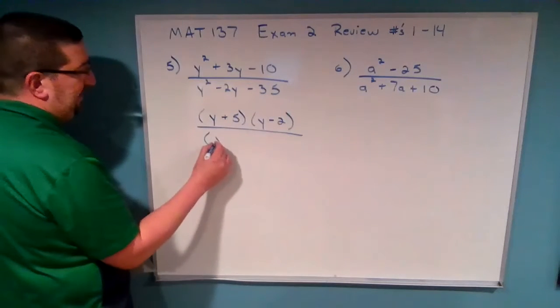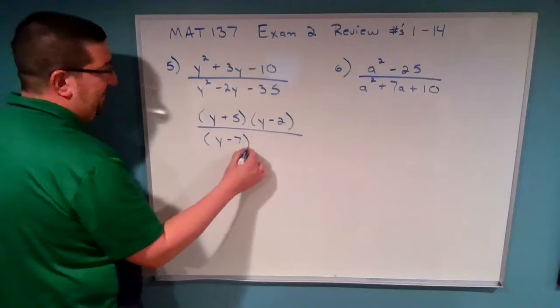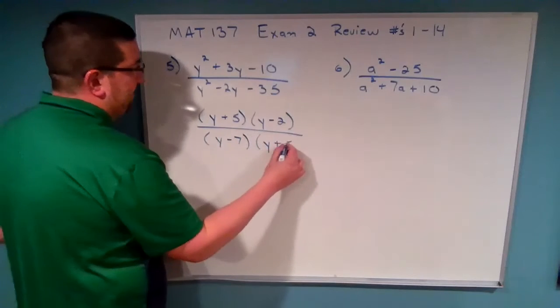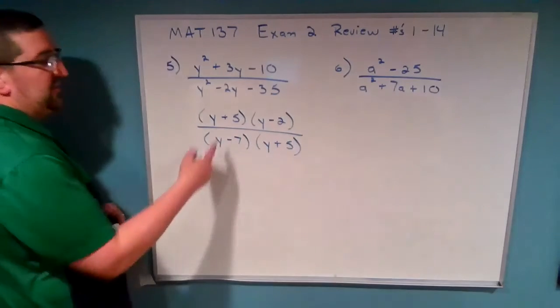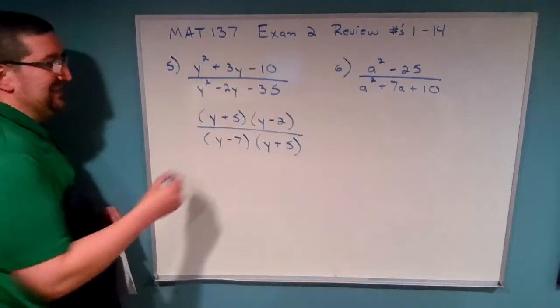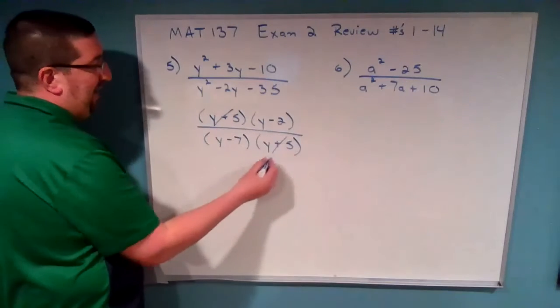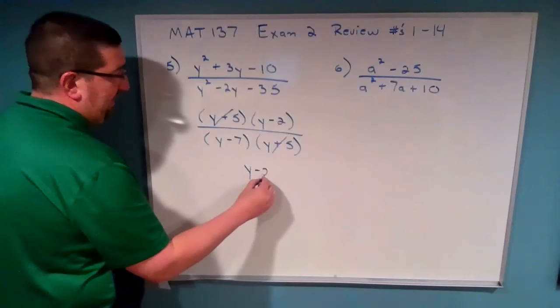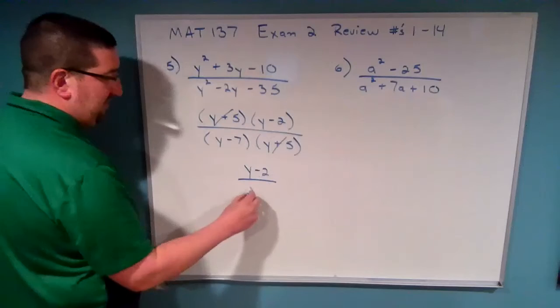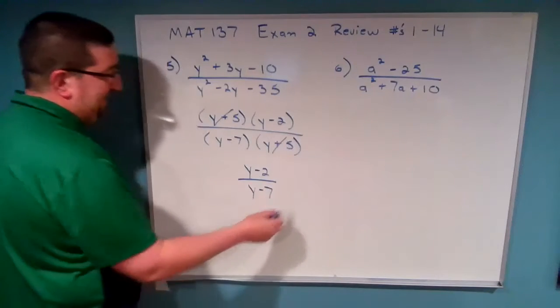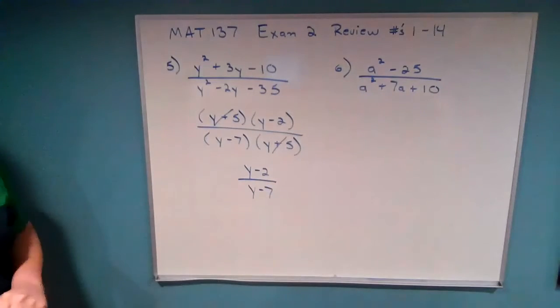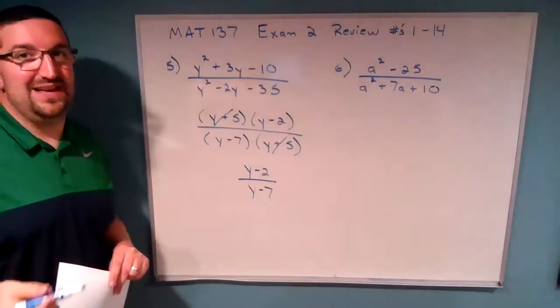That is going to be y minus 7 and y plus 5. So we look at what we can cancel here. We can cancel out the y plus 5s. I'd be left with y minus 2 over y minus 7. Final answer, y minus 2 over y minus 7.